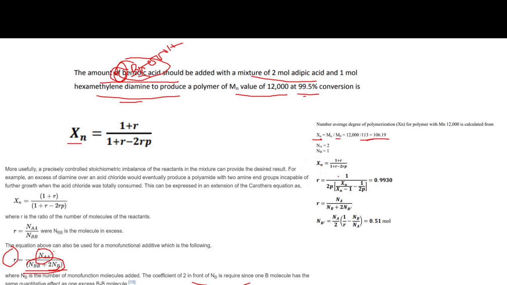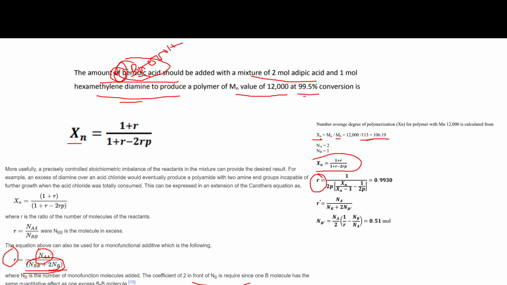The relation between xn and the reactivity ratio is xn equal to (1 plus r) divided by (1 plus r minus 2rp). From here we can calculate the r value, the reactivity ratio.